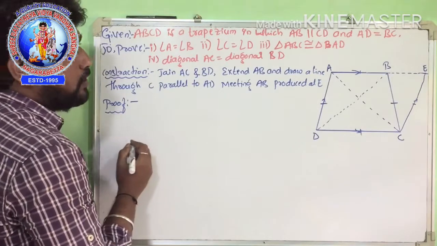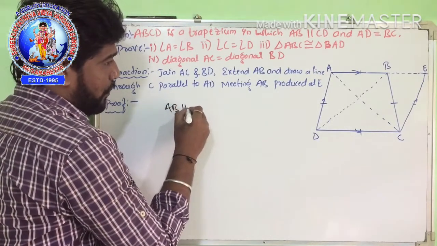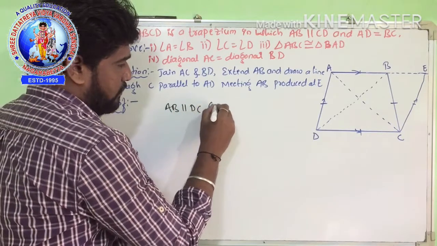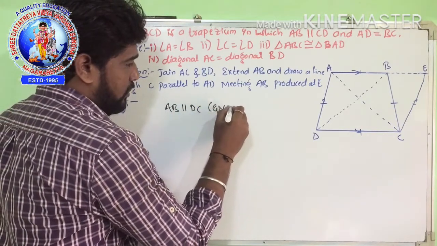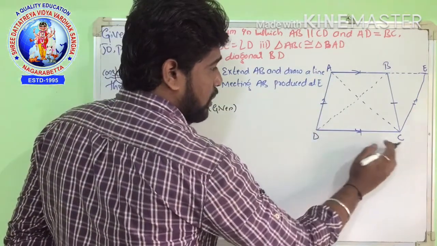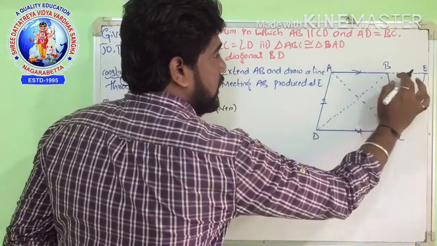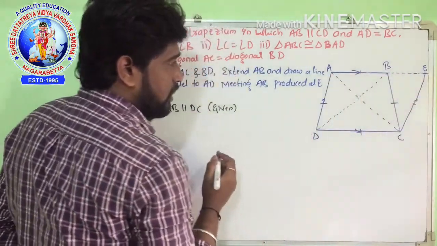Now proof. So here they have given AB is parallel to DC. Given, right? And AB is parallel to DC means this DC is parallel to AE because point E is on the extended AB, right?